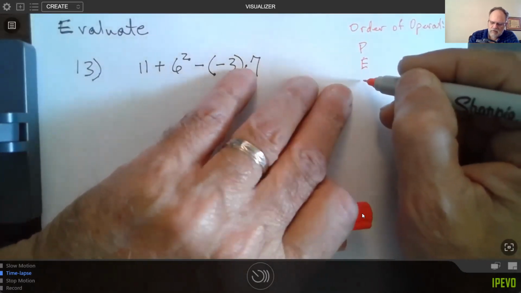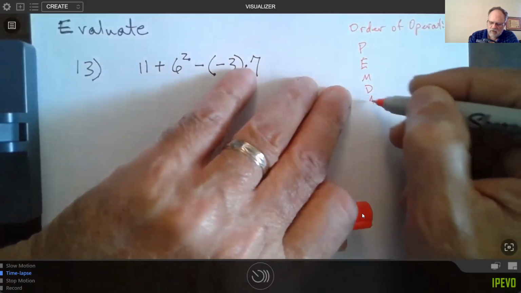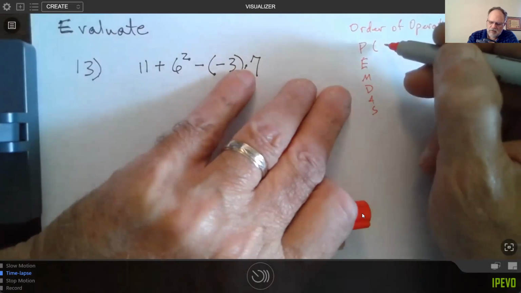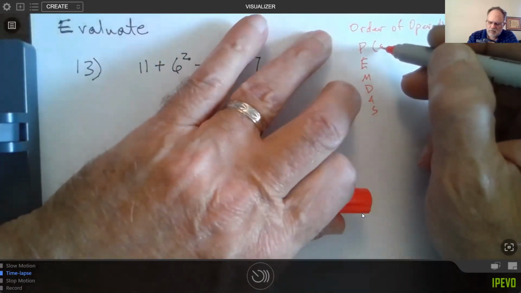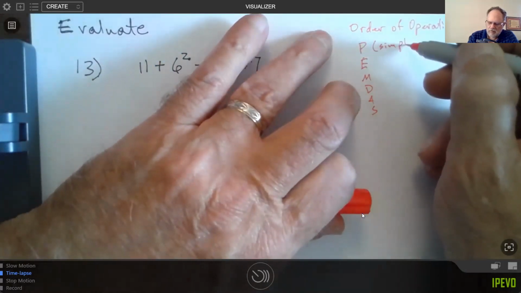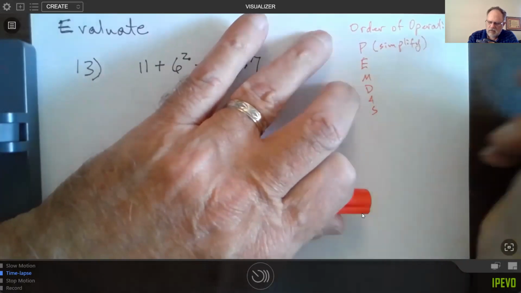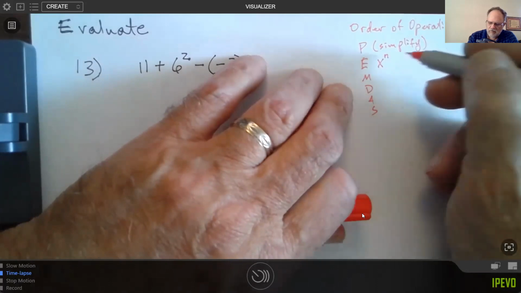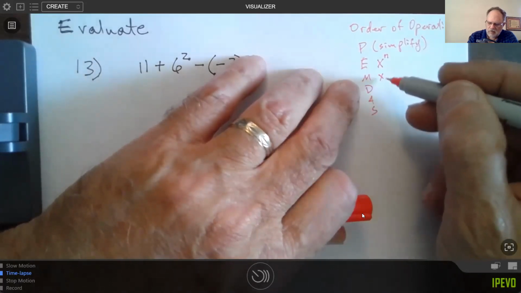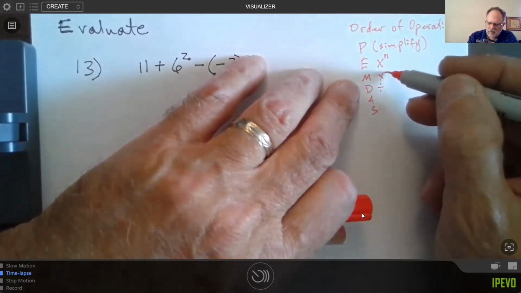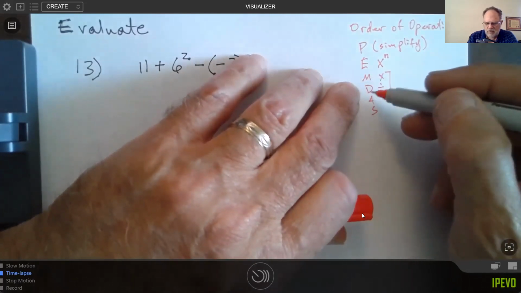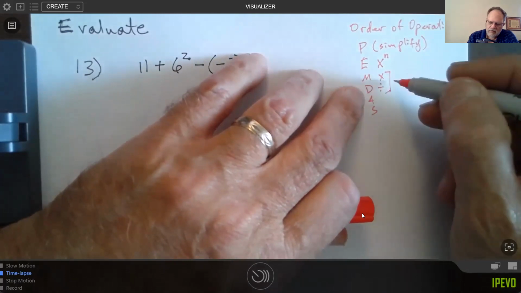Please excuse my dear Aunt Sally, where P is not just parentheses, but simplify inside the parentheses. Exponents, multiplication and division, but these are considered equal. Multiplication is not necessarily higher in the order than division.